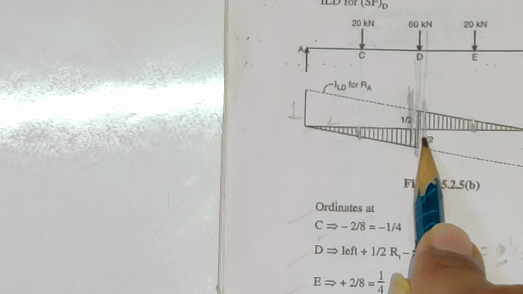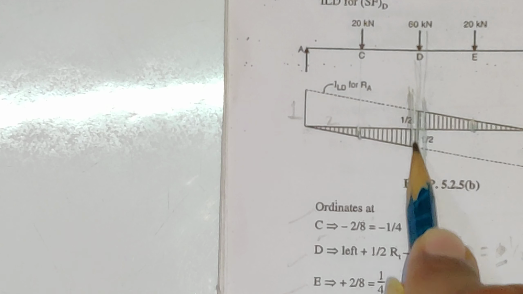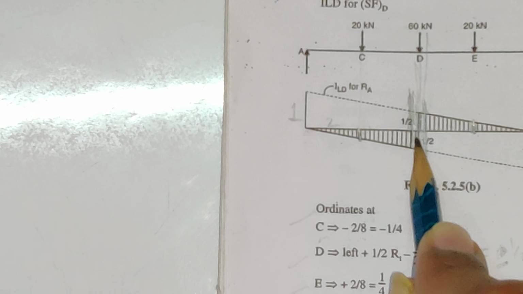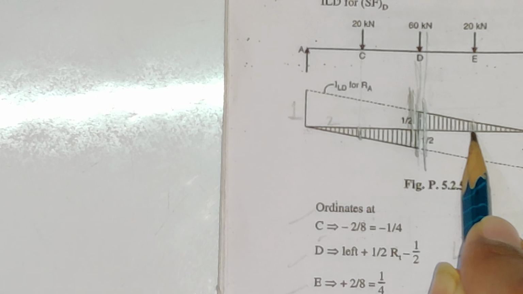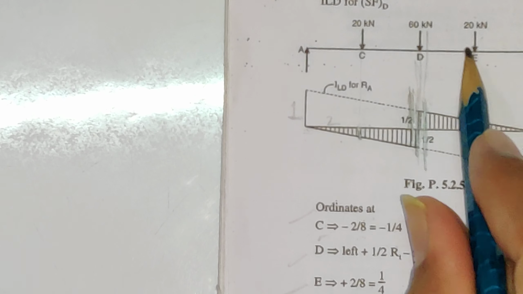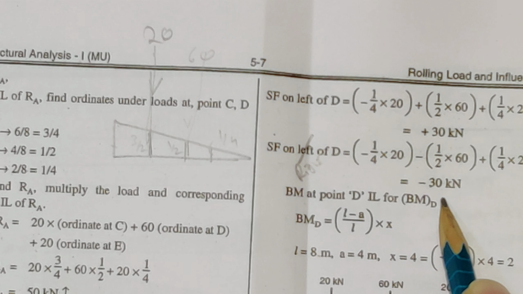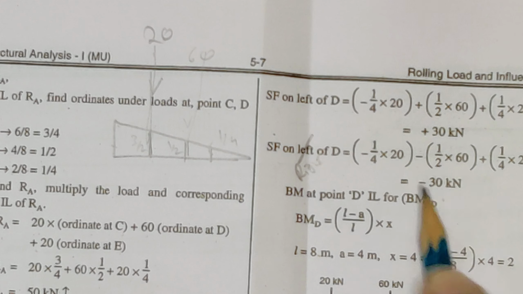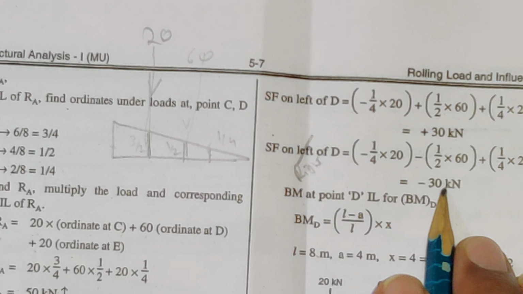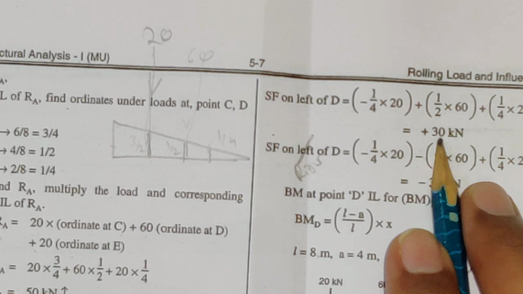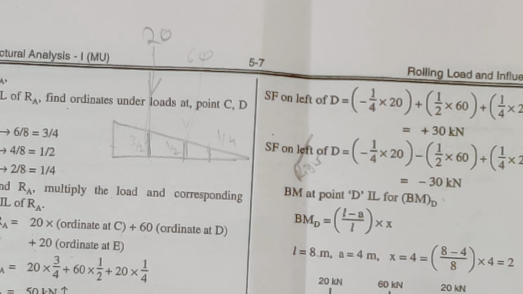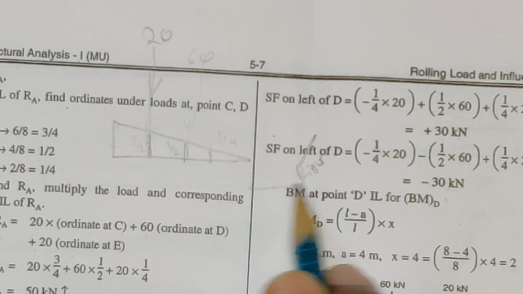If we consider the right side, take the left side of this section, this is minus 1 by 2, so minus 1 by 2 into 60, right, and here it is plus 1 by 4 into 20, so you will get the answer, that is minus 30 kilonewton. Alright, shear force on right of D is minus 30 and shear force on the left of D is plus 30. Right, so this is all about shear force calculation.